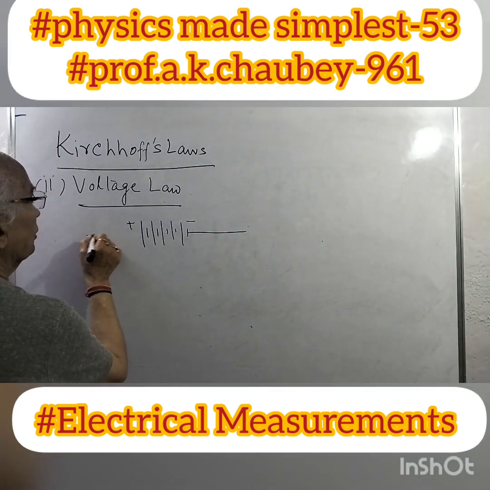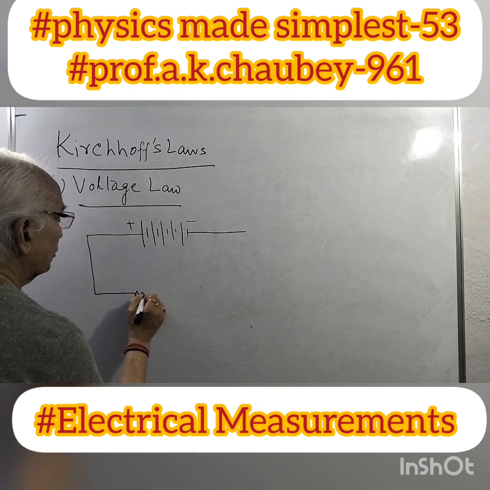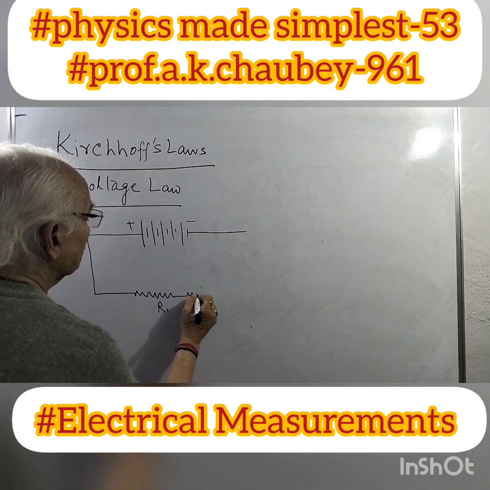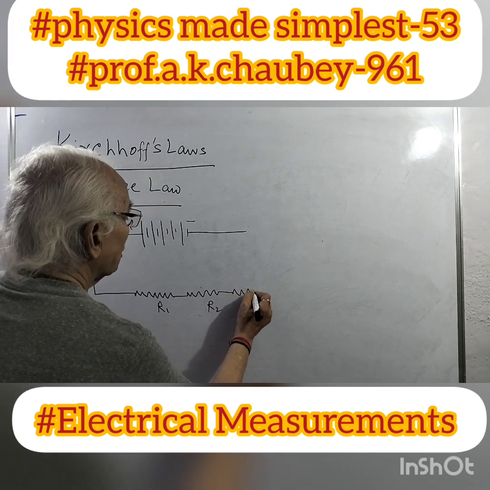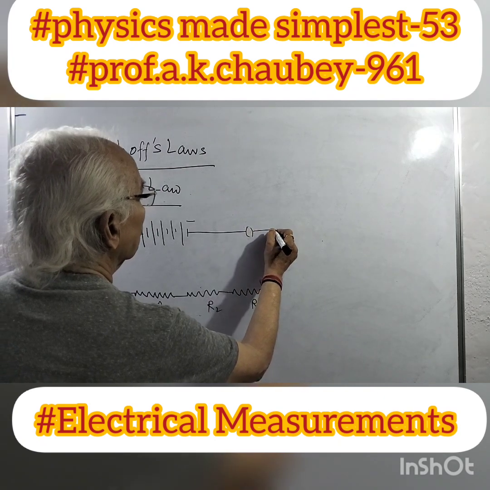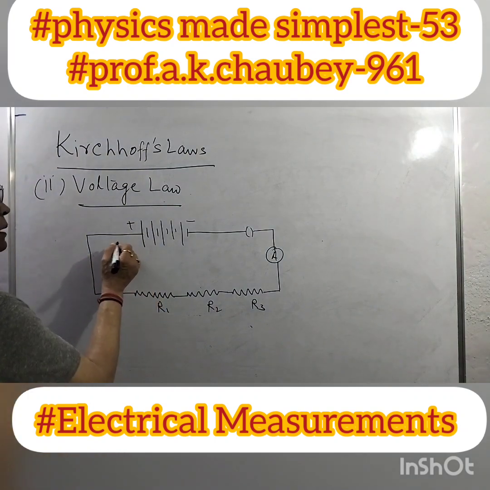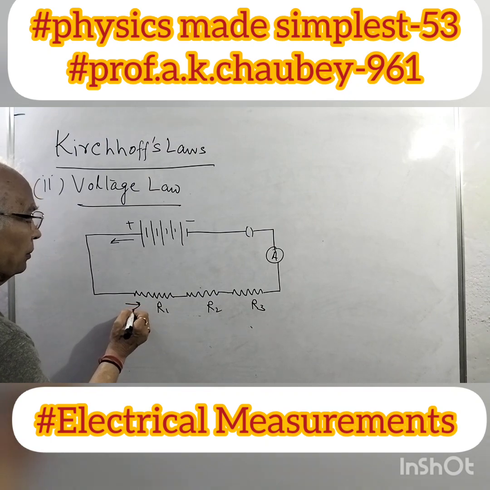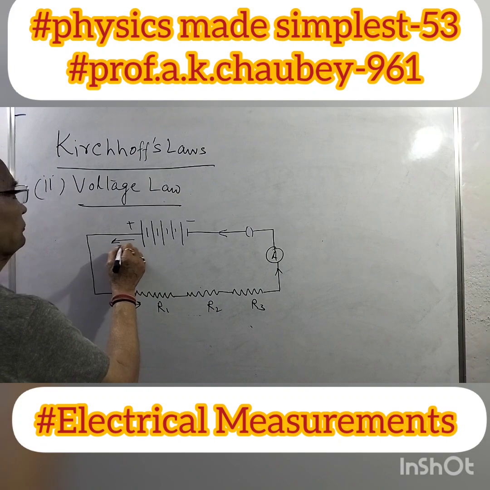The battery or the combination of cells is connected across resistances R1, R2, R3, and we have some key also. We have an ammeter for current measurement, and the current is flowing in this direction. So this is the current direction, I.